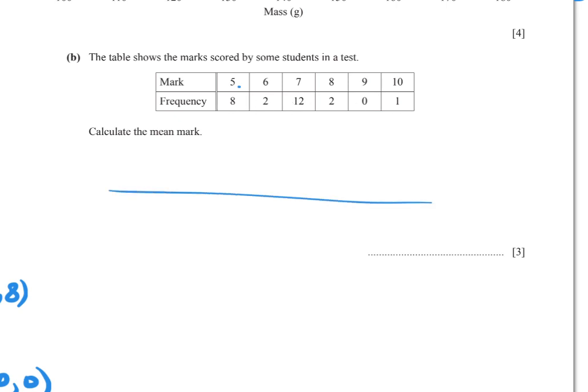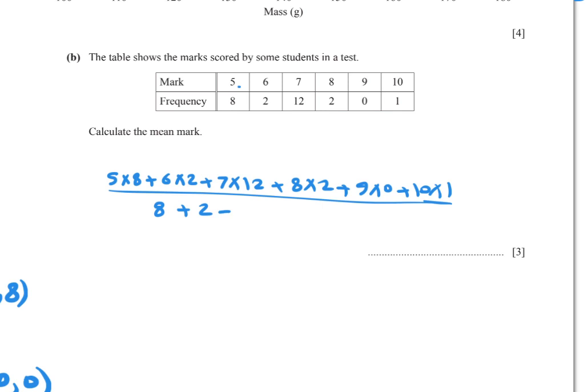So 5 times 8 plus 6 times 2 plus 7 times 12 plus 8 times 2 plus 9 times 0 plus 10 times 1, over 8 plus 2 plus 12 plus 2 plus 0 plus 1, equals 6.48.